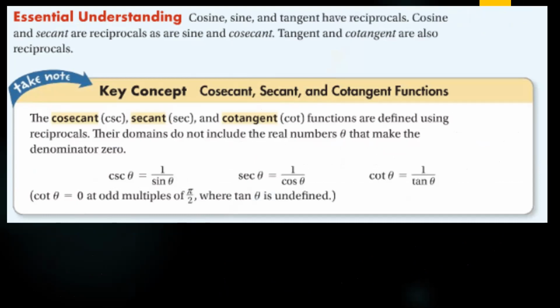Today we are going to talk about the other 3 functions, which are the reciprocals of the first ones. We have sine, cosine, and tan.